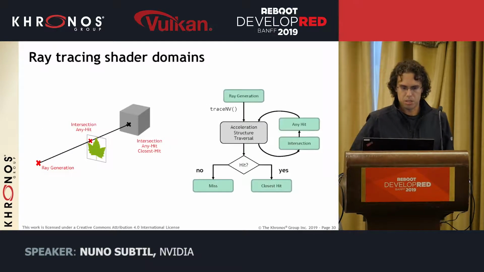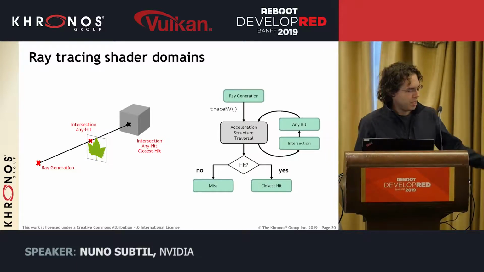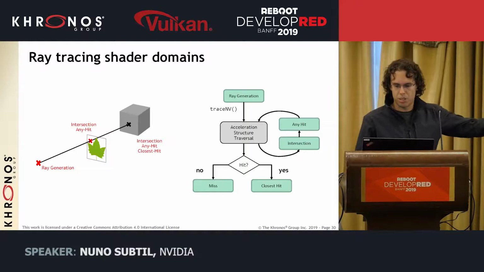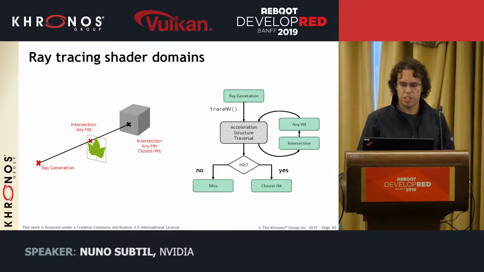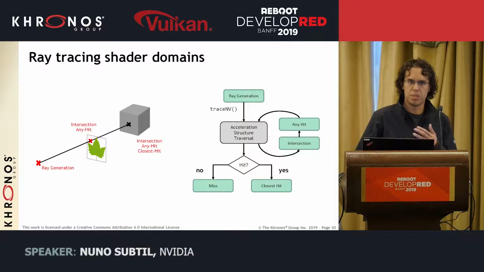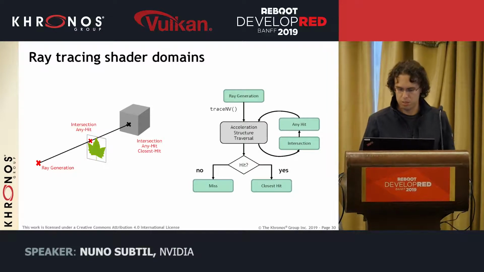So we've covered the copies. Let's talk quickly about the new ray tracing shader domains that we're going to define. So quickly, we're going to talk about 5 new shader domains. That's ray generation, any hit, closest hit, intersection, and miss shaders. And we're also going to define new primitives for these shaders to communicate amongst themselves.